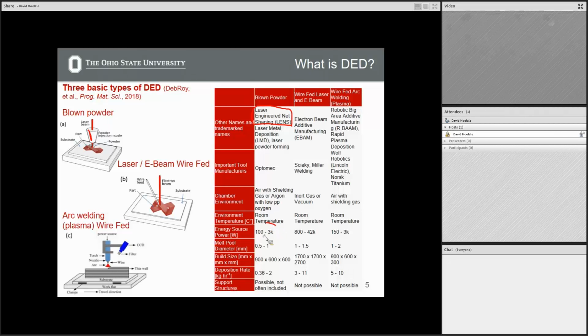If you look at the energy sources here, you'll notice that they're at a different scale, a few orders of magnitude larger than we see with powder bed fusion. In powder bed fusion systems, the really high power systems will go up to maybe 500 or 1,000 watts. Some of these have lower wattage ones, but this also goes all the way up to say 42 kilowatts.